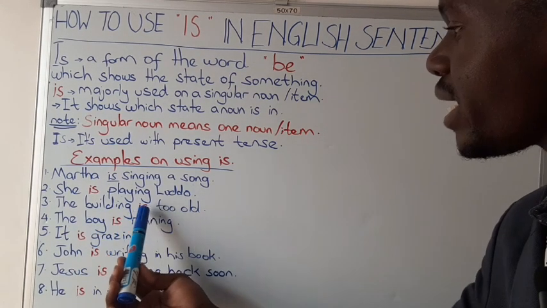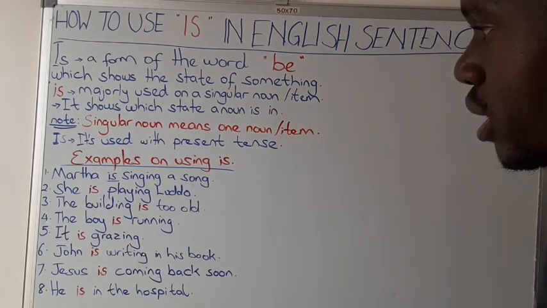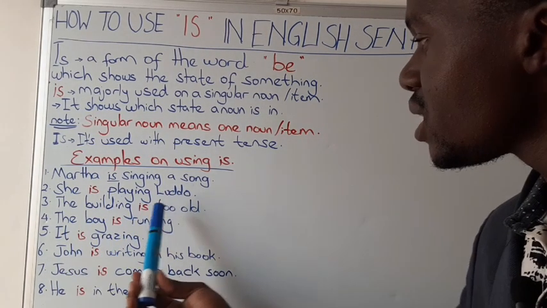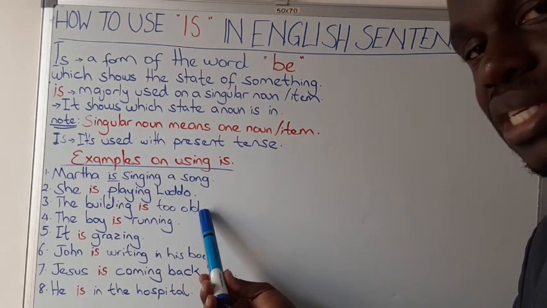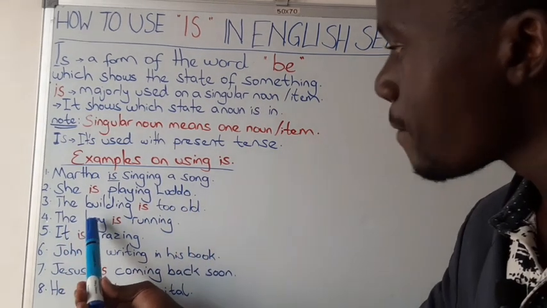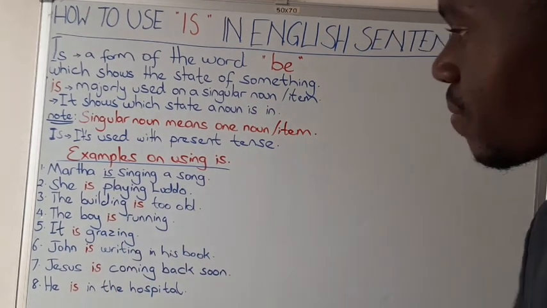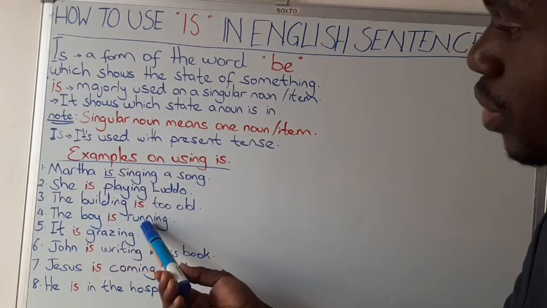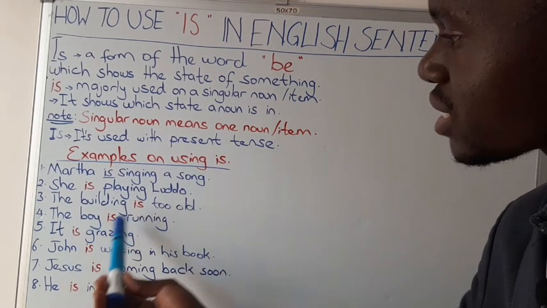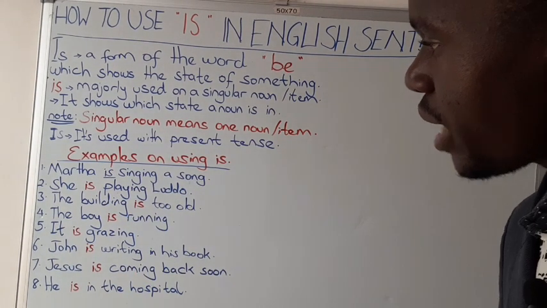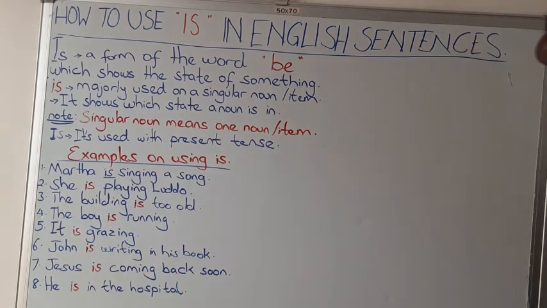The building is, because it is a single building. The boy is running. So the activity the boy is doing is running.